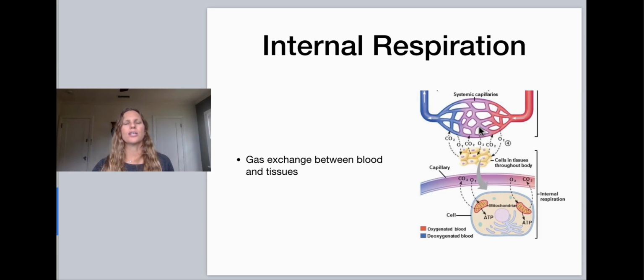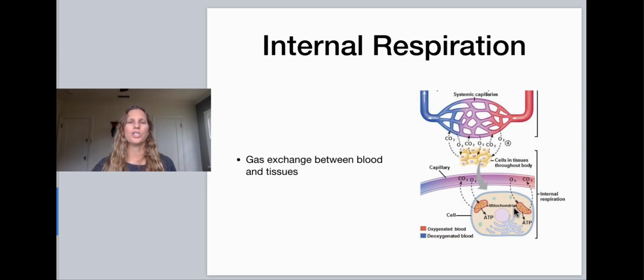So it's the gas exchange between your systemic capillaries and your body cells. As the blood moves into the capillary bed, it's oxygen rich, right? The oxygen hasn't left the blood since it left the lungs. Oxygen is going to diffuse out of the blood and into the tissues, and then into our cells, so they can use that oxygen to make ATP.